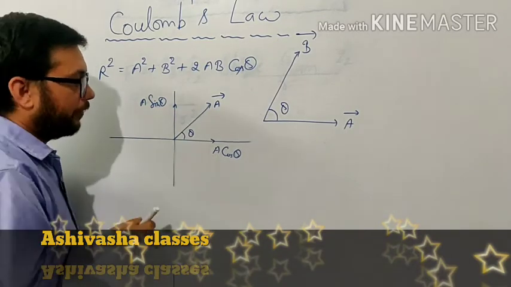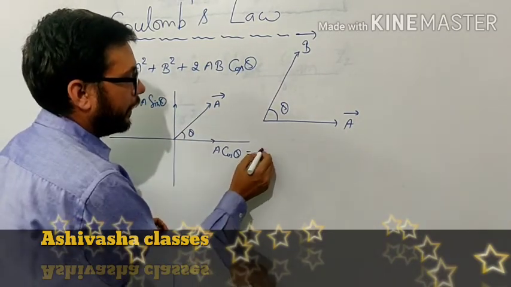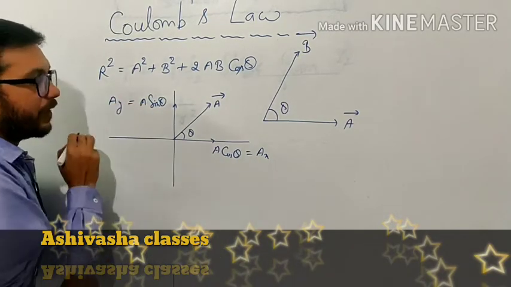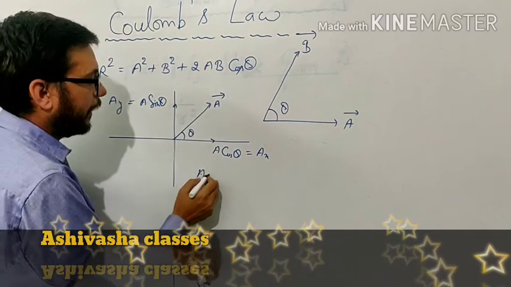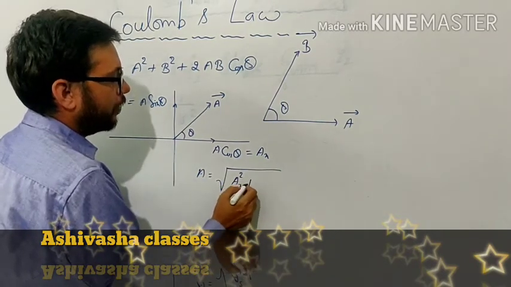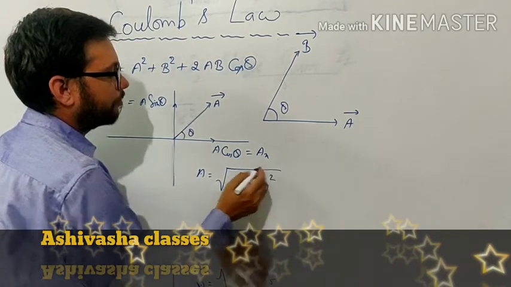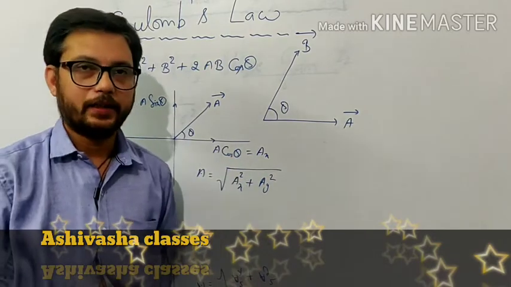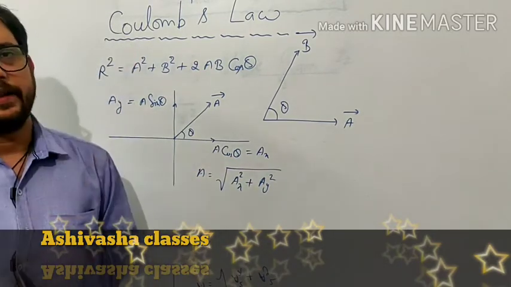Now simple, let's suppose this is Ax and this is Ay, then A equal under root of Ax square plus Ay square. So here this A is the magnitude or the resultant.